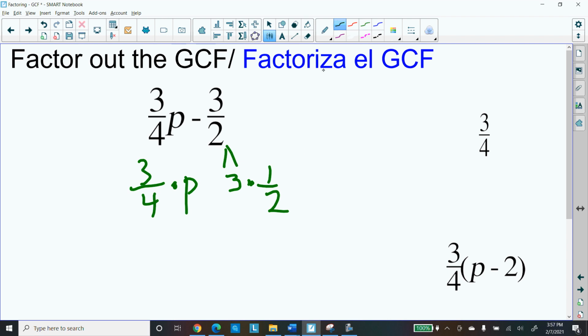I want to just change that to fourths. So 1/2, if I wanted to make that fourths, I would multiply the top and bottom by 2. That would give me 2/4. So I would have 3 times 2/4, really. And just to clean this up a little bit more, 3 times 2/4 would give me 6/4.